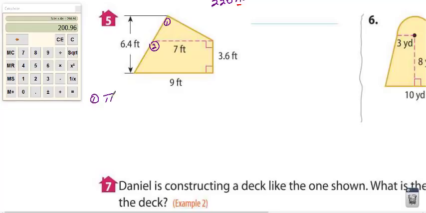I know that if I am solving a problem that deals with a triangle, I need 2 pieces of information. I need a base and I need a height. The base of this one is pretty straightforward. It's that 7 feet. The height is a little less straightforward.